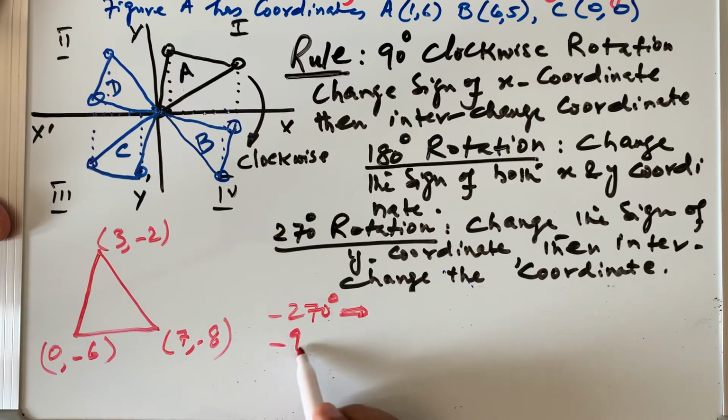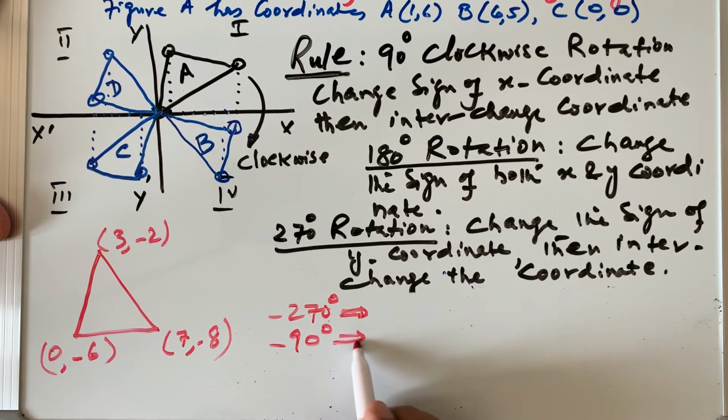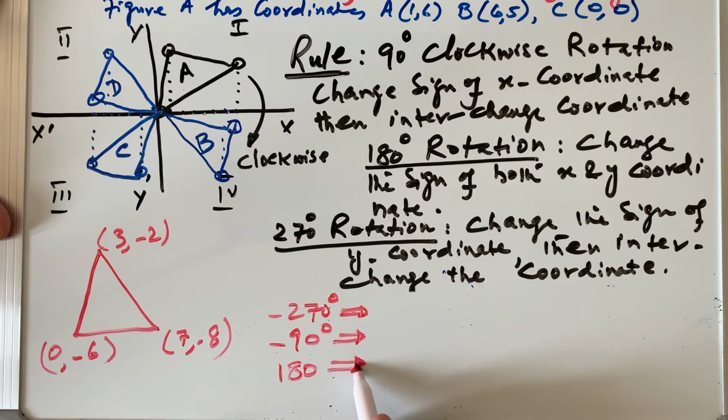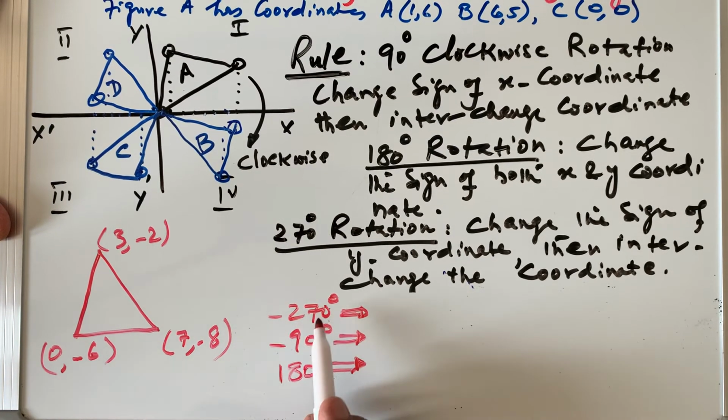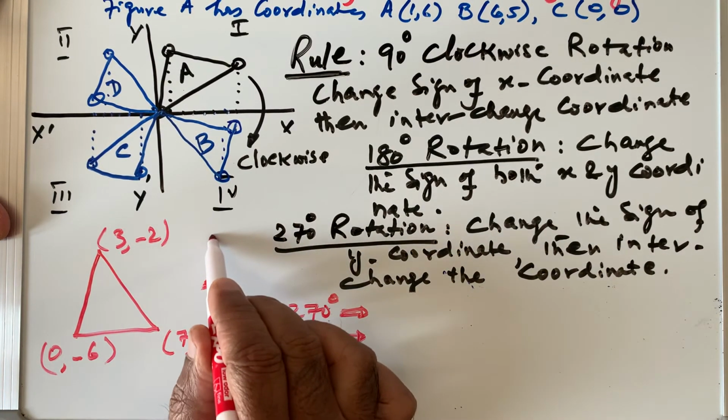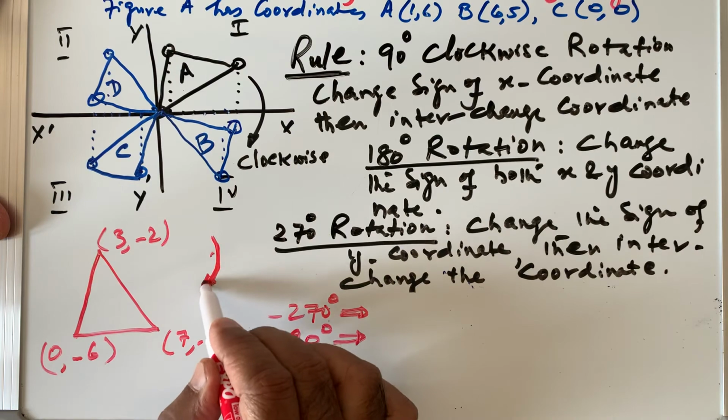Whichever way the question can be asked, minus 180 or plus 180 is the same. So minus 270, minus 90, the minus sign means clockwise direction. So if the angle is represented as minus, that means it is clockwise direction.